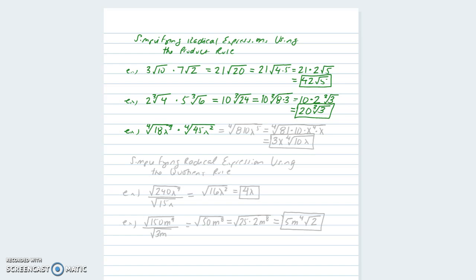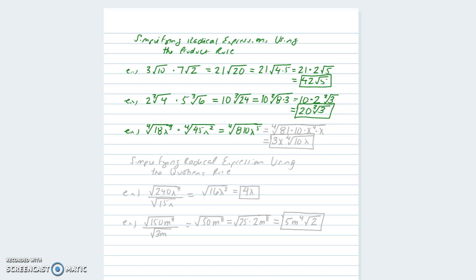So multiplying these 2 4th roots together, we get the 4th root of 810 x to the 5th. Remember, you multiply variables with the same base, then you add the exponents. So 3 plus 2 gave us 5 here.